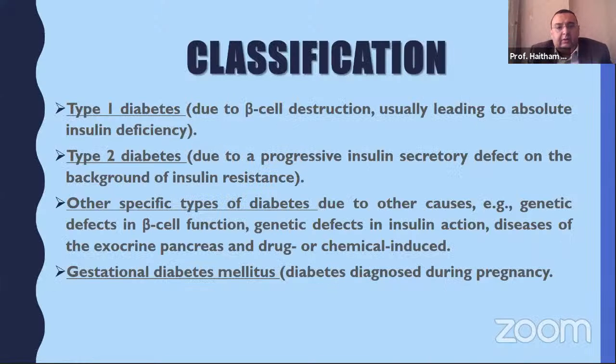According to the American Diabetes Association, diabetes can be classified as either type 1 diabetes, which is mainly due to absolute B cell destruction, which leads to insulin deficiency, or type 2, which is due to a secretory insulin defect together with insulin resistance, or other types of diabetes such as gestational or genetic or other types.